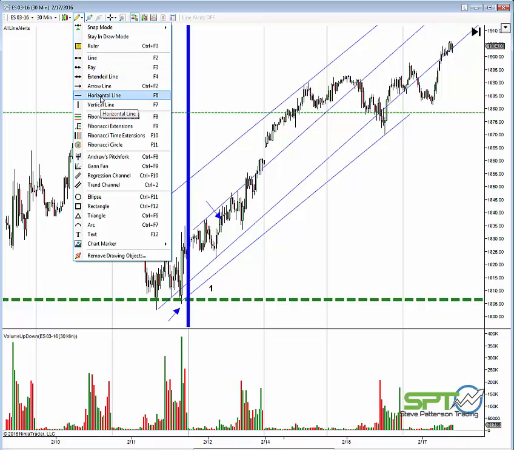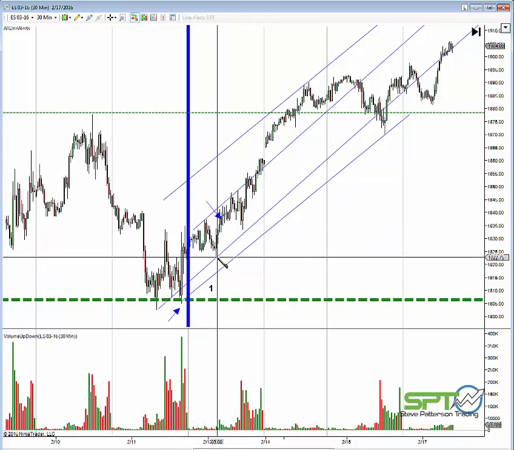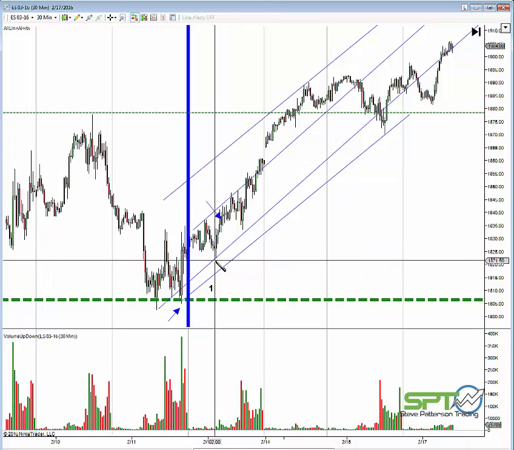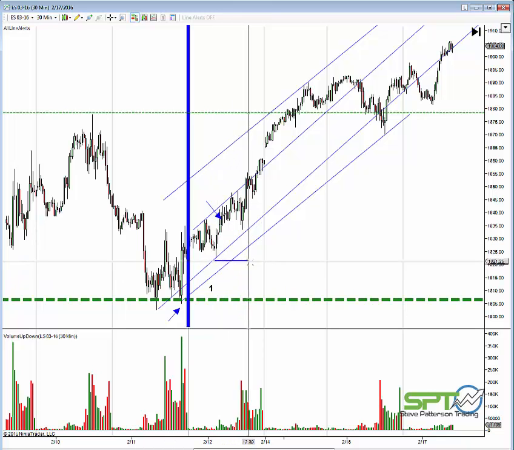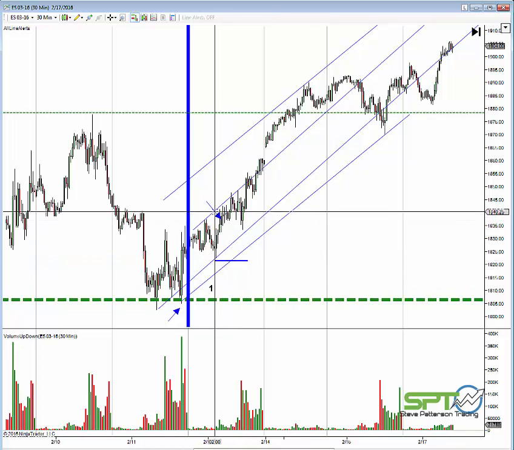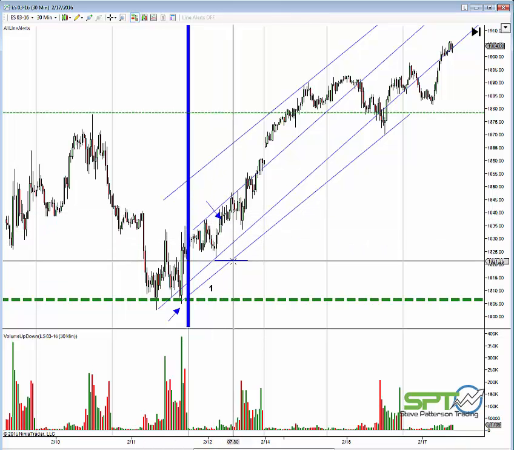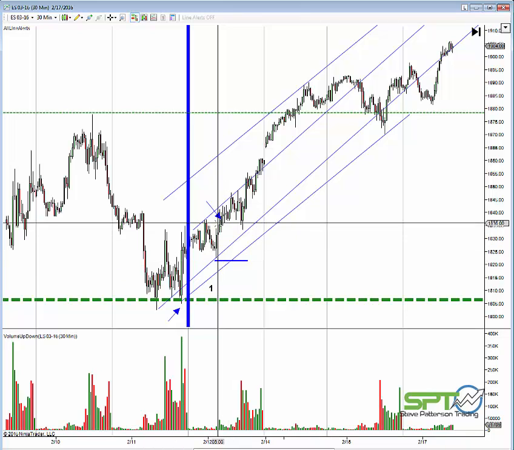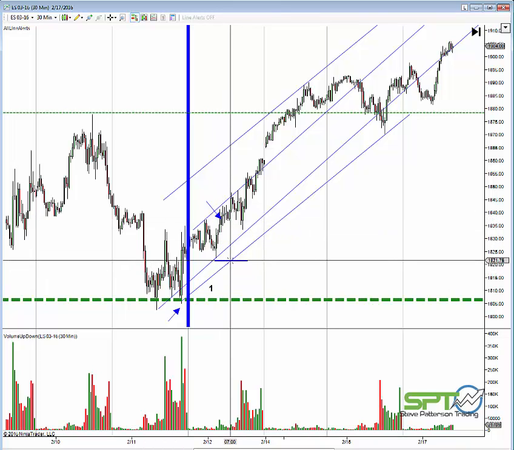So our average cost is 1821 and a quarter around here. It's our average cost right there, right? Everyone agree? Okay, so now if the market backs up to that level, I know that that's where, if I want to add a position on this breakout, I know that that would be my average cost. Okay?